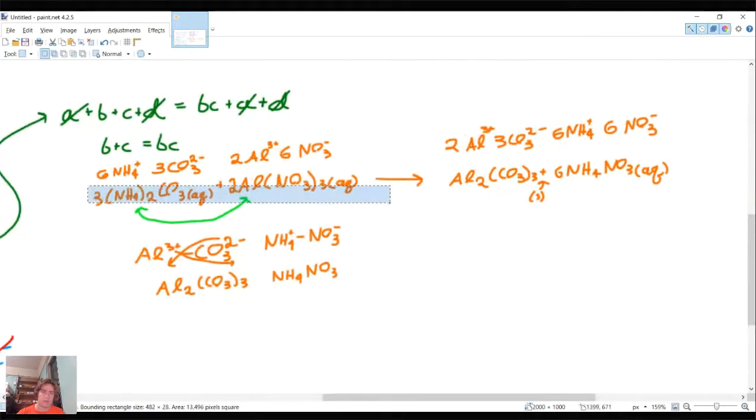We need to split things up into their ions. Are both of the reactants, neither of the reactants, or only one of the reactants soluble in water? Will they split into their ions? Yes, they're both soluble.